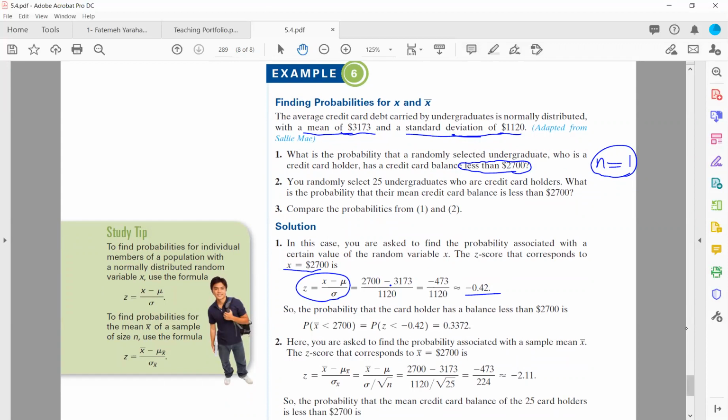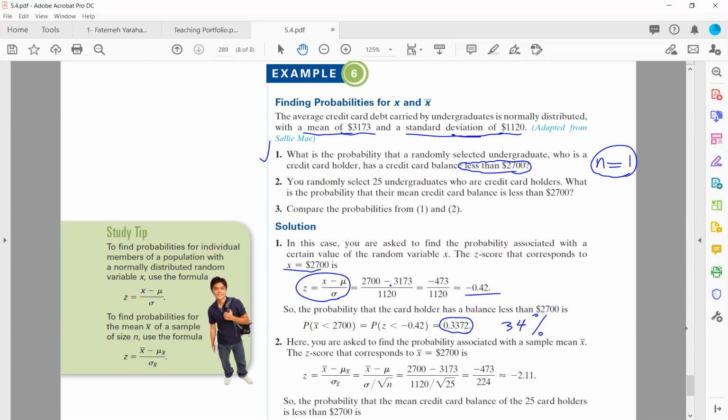To find the probability, we either use the table or calculator. Since it's less than, on the left-hand side, the probability is 34%. So it's roughly a 34% chance that a randomly selected student has a credit card balance less than 2,700.